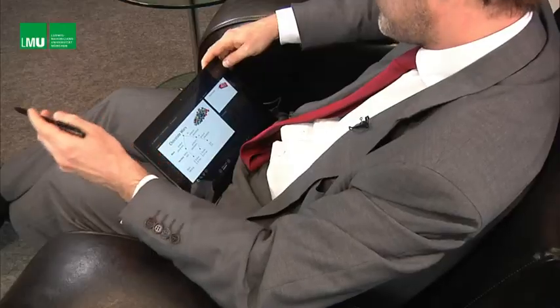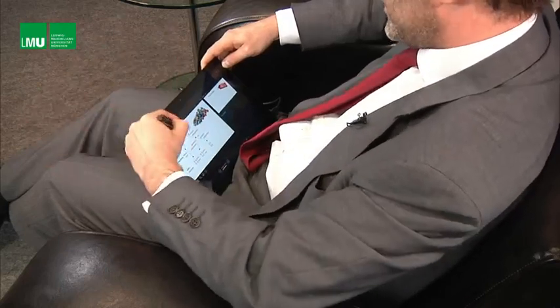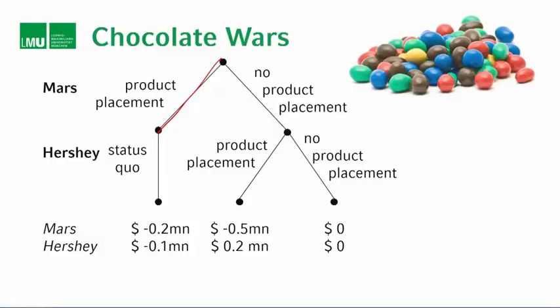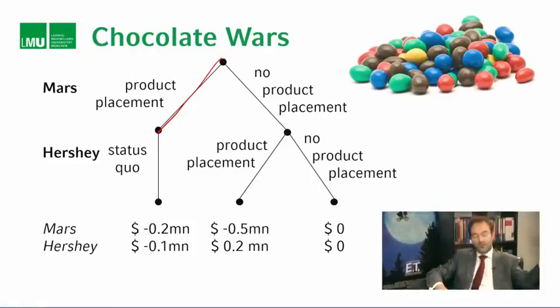Let's take the chocolate wars again and see if this is the right outcome, if this is an outcome we expected. Okay, so if Mars chooses to sign, then there's no contest, no choice for Hershey's. Status quo, nothing to decide. What if Mars declines the offer?